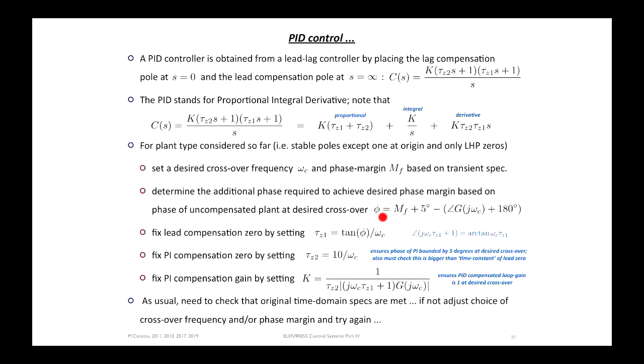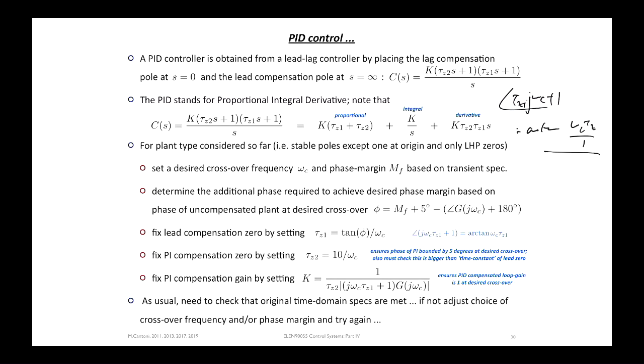So to achieve your phase margin specification, you choose this parameter, the amount of positive phase that a zero adds. It relates to the fact that the phase of (τ_z jω_c + 1) is going to be arctan(ω_c τ_z / 1). So that's how much phase it's going to give you.